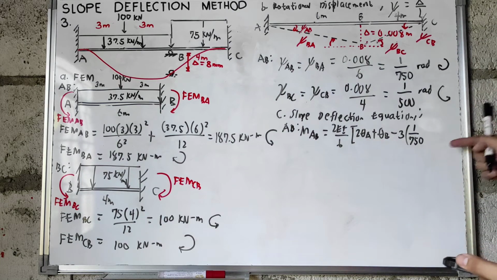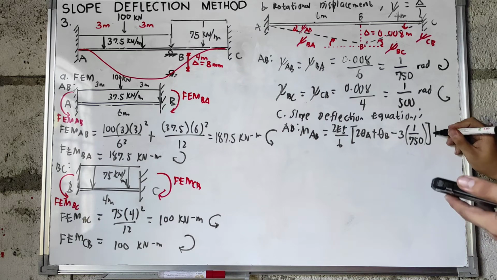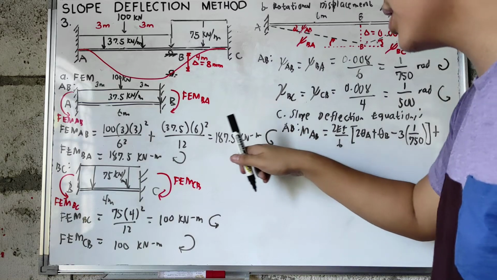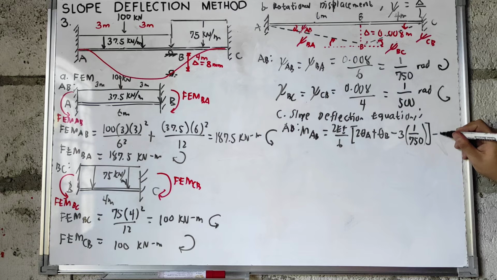Since it is clockwise, kaya positive yung value ng sine natin, plus yung value ng FEM natin, which is, since it is counterclockwise, kaya yung value niya is equals to negative 187.5.